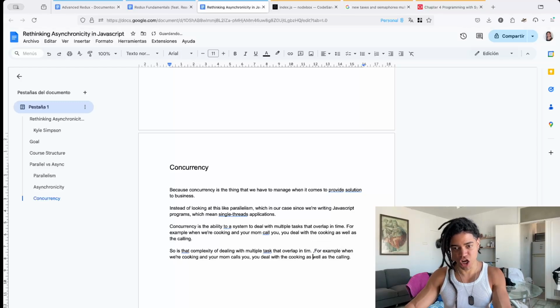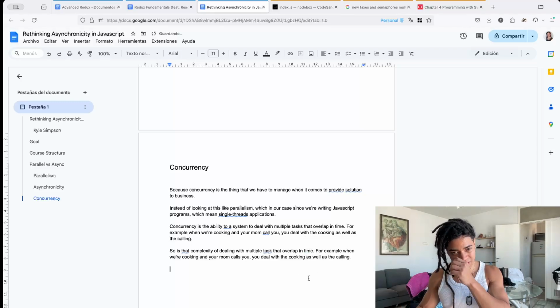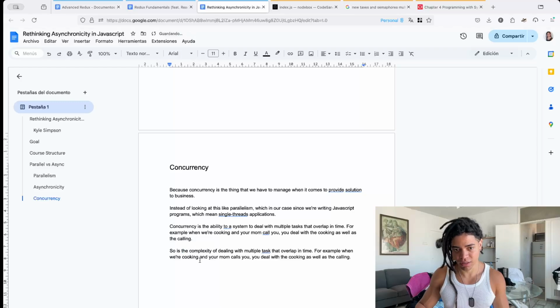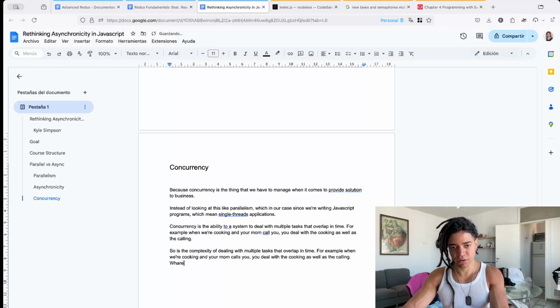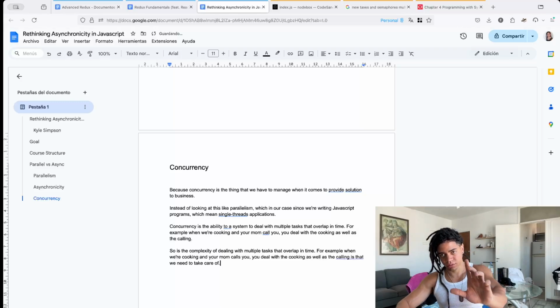This is known as concurrency, and that's the complexity we have to deal with. So it's the complexity of dealing with multiple tasks that overlap in time, and that's what we need to take care of.